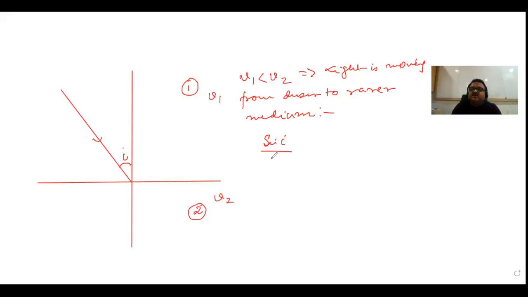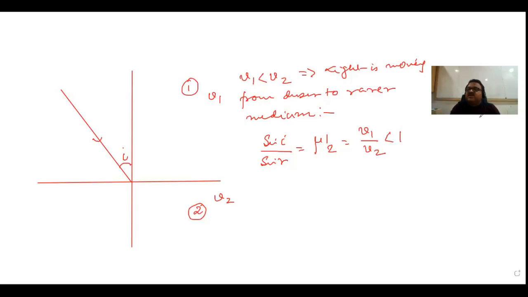Sine of I by sine of R is equal to this. This is Snell's Law. And we know this is equal to V1 by V2. Now, which is larger? V2 is more than V1. If the denominator is more than the numerator, this ratio must be lesser than 1.